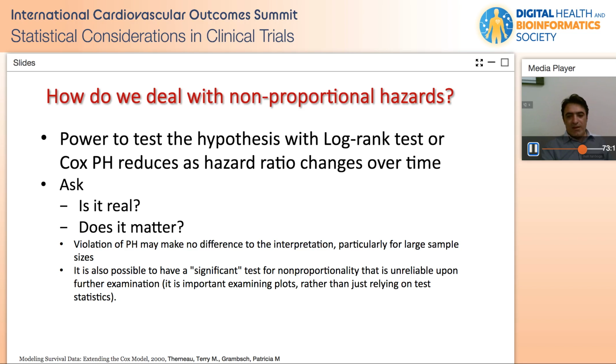For example, have we diagnosed the non-proportional hazard with a formal test or with graphical tests? Graphical methods may be preferred over formal statistical tests. Also, minor violations of proportional hazard may be ignored, especially if we have a large sample size.